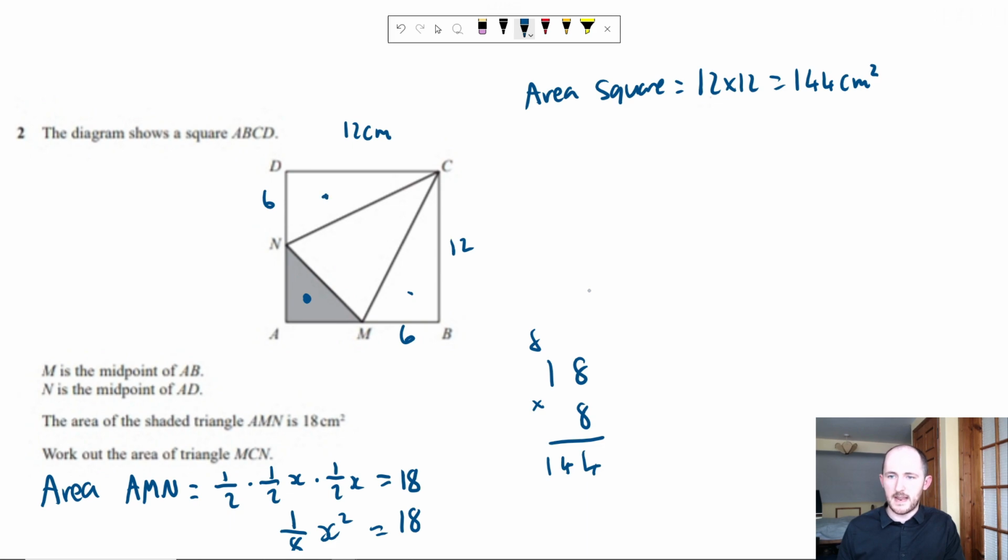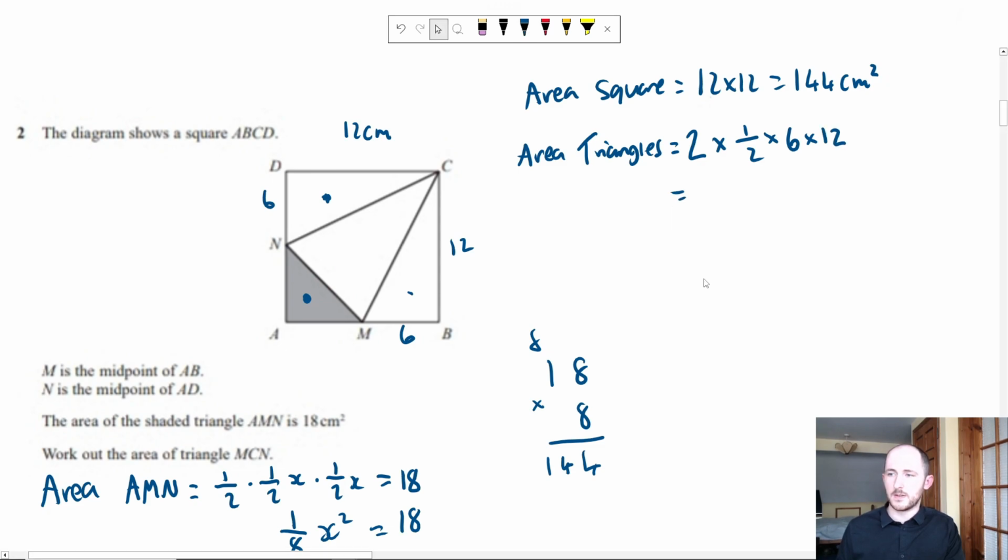So I'm going to work out the area of these triangles here, NDC. The area of triangles is going to be 2, because there's 2 of them, times a half, times the base, which is 6, times the height, which is 12.